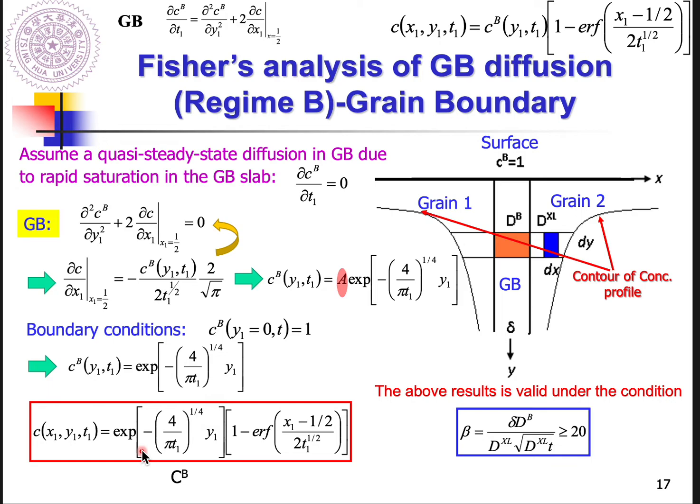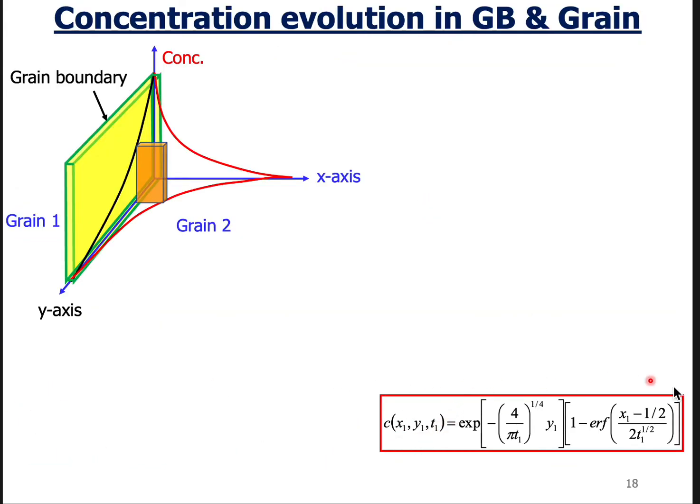region B. So I just directly use these results and put them into Excel to give you more detailed pictures about how this diffusion pattern looks like. So this is grain 1, and grain 2 is on your right-hand side. In between is a grain boundary, and on the top of this material, you have the diffusion source.